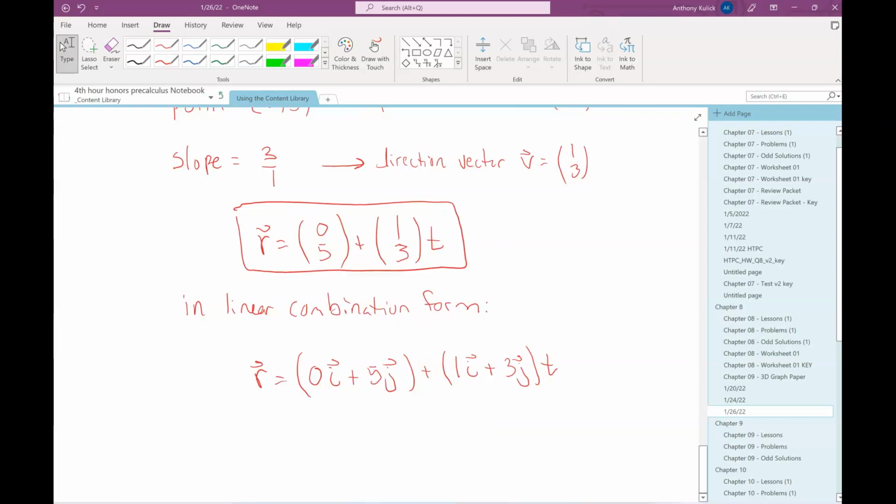Now all I'm going to do is distribute the t through and then regroup the i's and j's together. Call that ti.